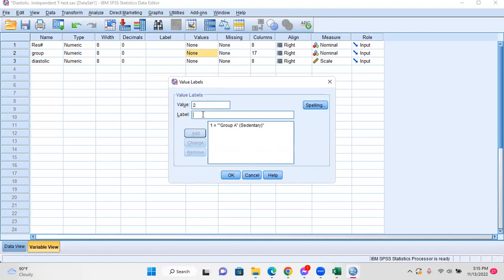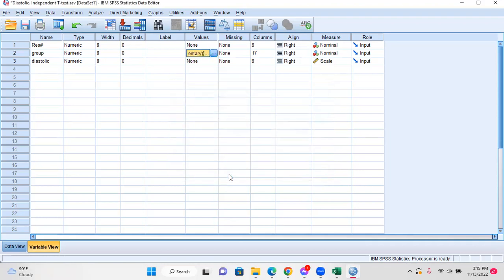And then label. Group 2. Ang label ng group 2 is group B, exercise. Okay? Ganito mag-label. And then click OK.